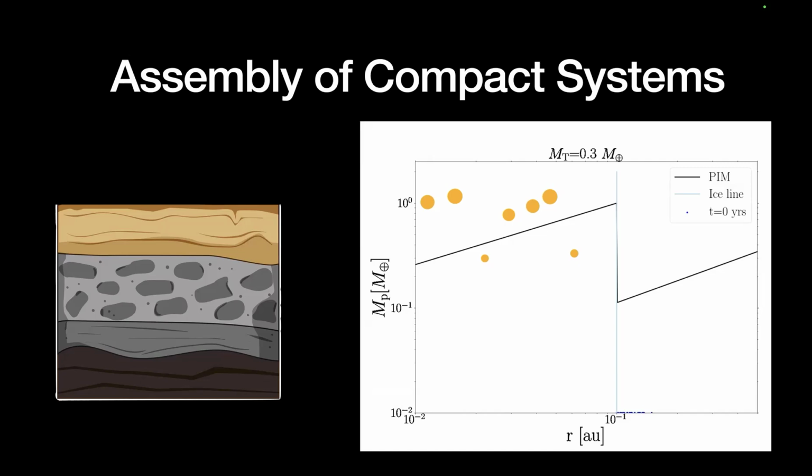But as we showed, when a system undergoes a dynamical instability, it moves the planets to wider orbital spacing, which is what we see in the solar system. So at that point it's hard to distinguish between systems that form through pebble accretion and later went unstable, and systems that form primarily through core accretion.